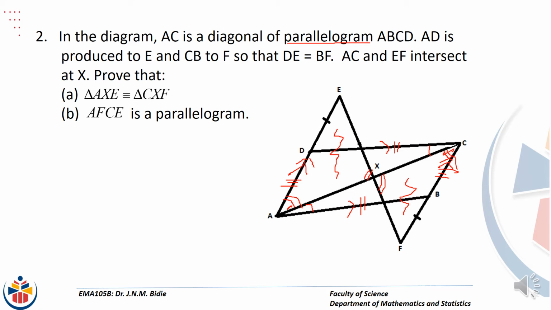So all in all, line AE is equal to line FC. So I can say these two triangles are congruent because of angle, angle, and a side.